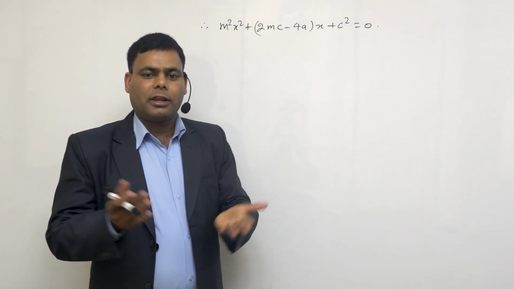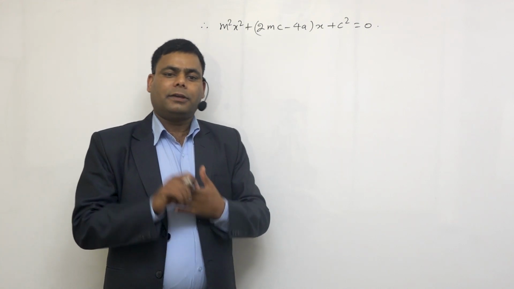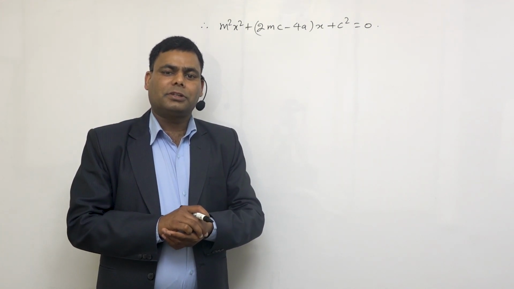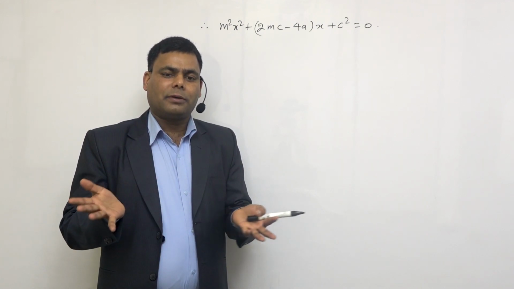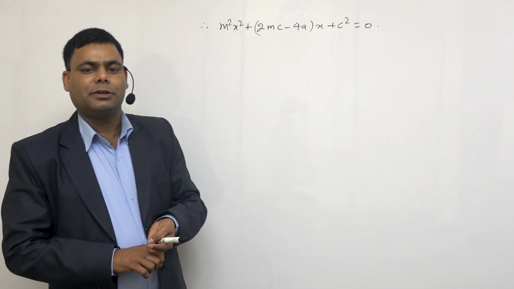In grade 11 we have studied that if the roots of the equation are real and equal, in this case the line becomes tangent, and the condition for which is its discriminant must be equal to 0.